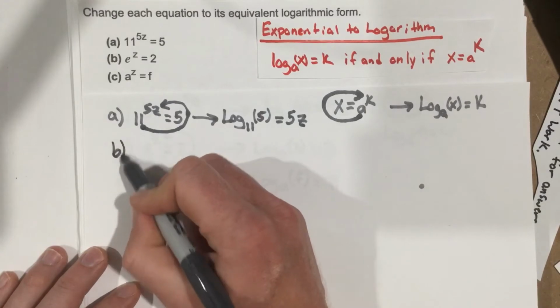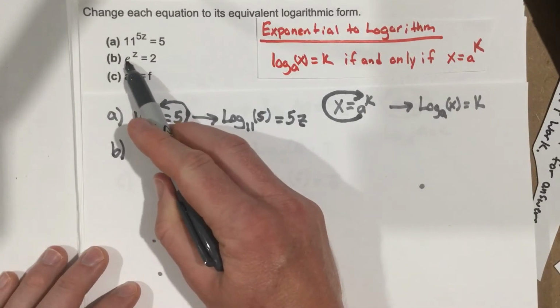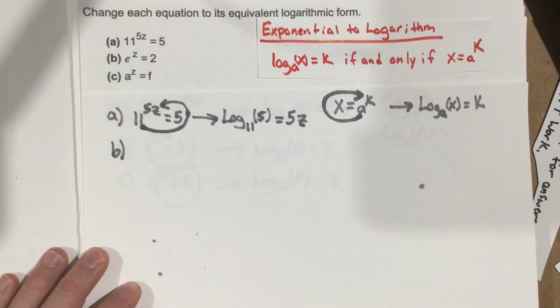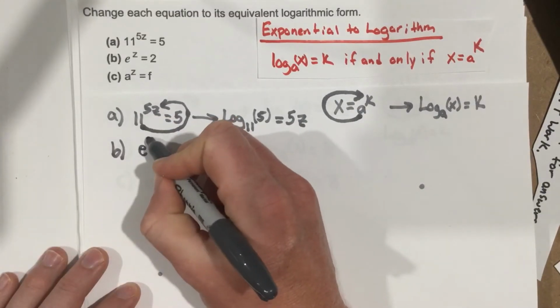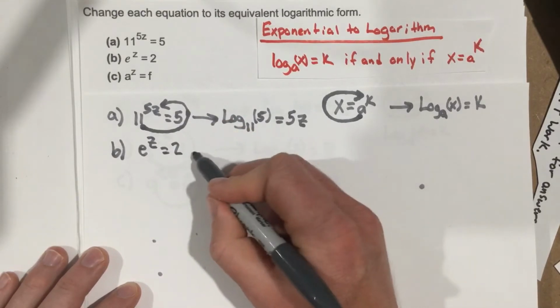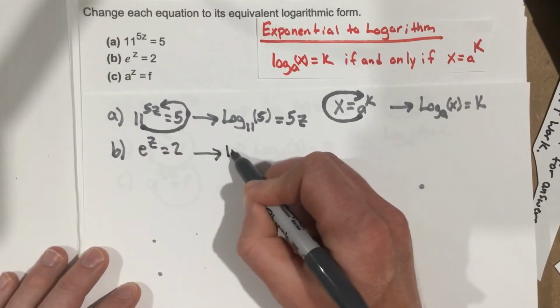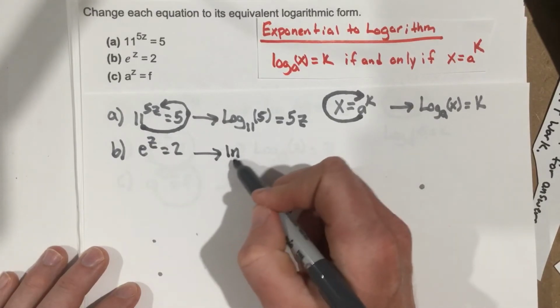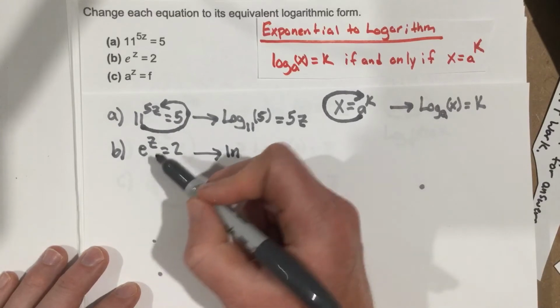Part B. Now this has an e in it, so when we do this, we're going to use natural log instead of log. So we have e to the z equals 2. Again, we're going to write the natural log this time, and we don't have to write the base for natural log because natural log's base is naturally e. That's why I call it natural log.